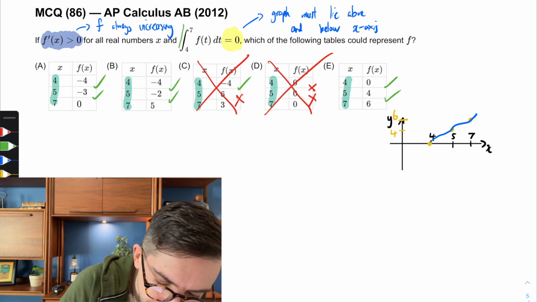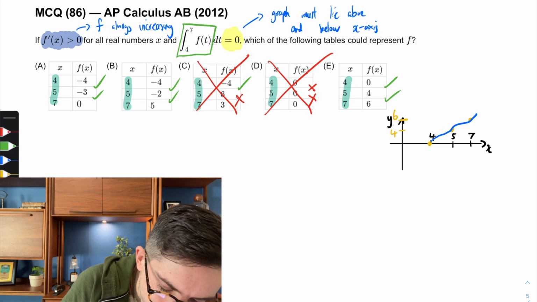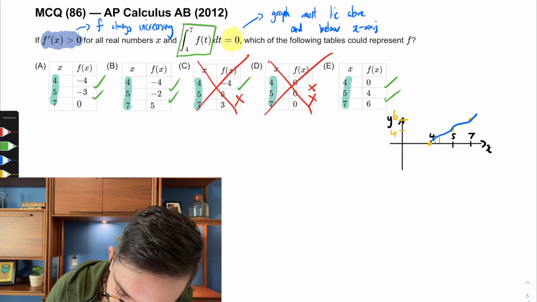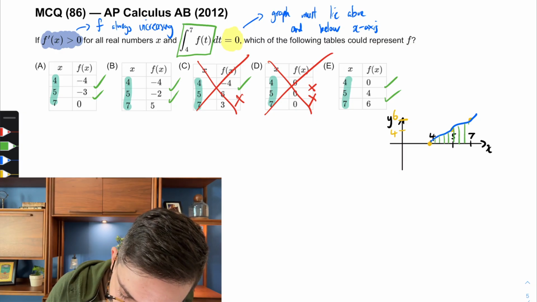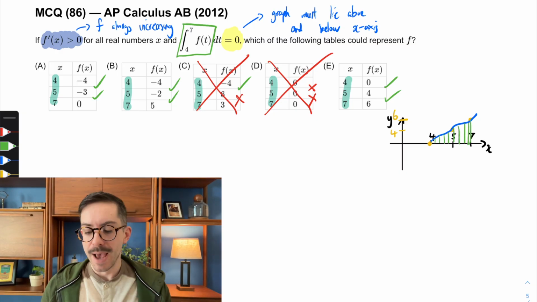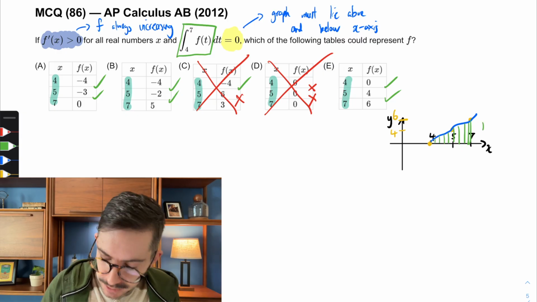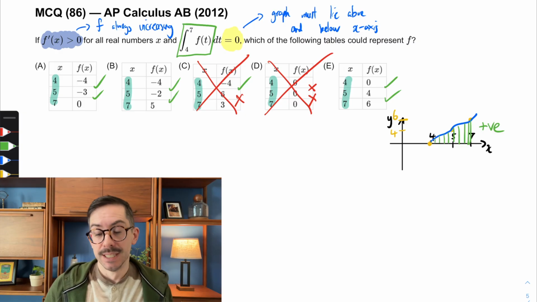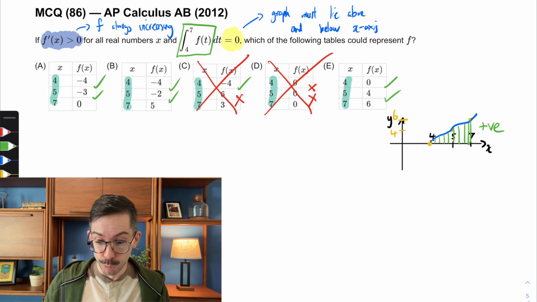So when I look at this definite integral that we know has to be 0, that's measuring the area under the graph. Because the function must be increasing, when I calculate that definite integral, it will be positive. In particular, it won't be 0.